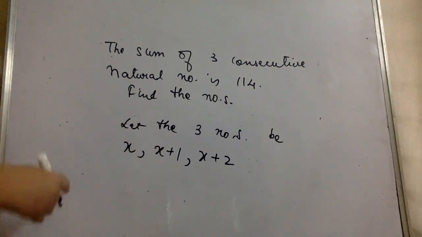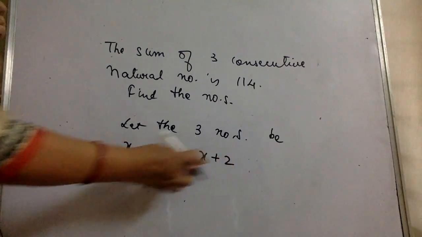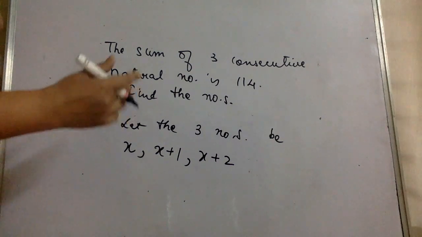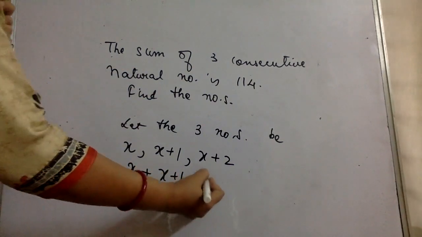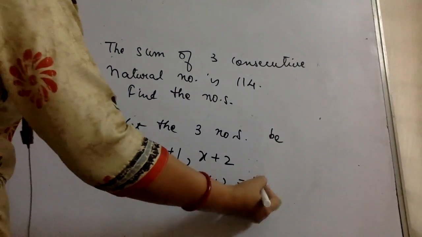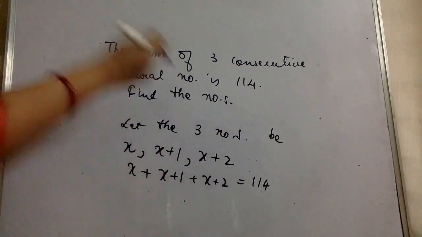Algebraically we have to consider the numbers: x plus x plus 1 plus x plus 2 is equal to 114. These are our three numbers and they add up to 114.